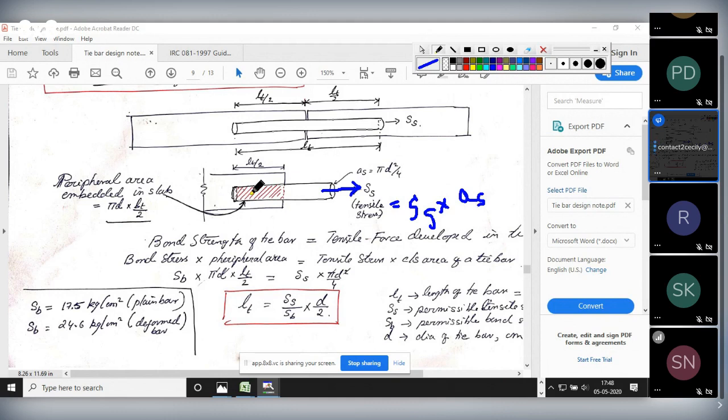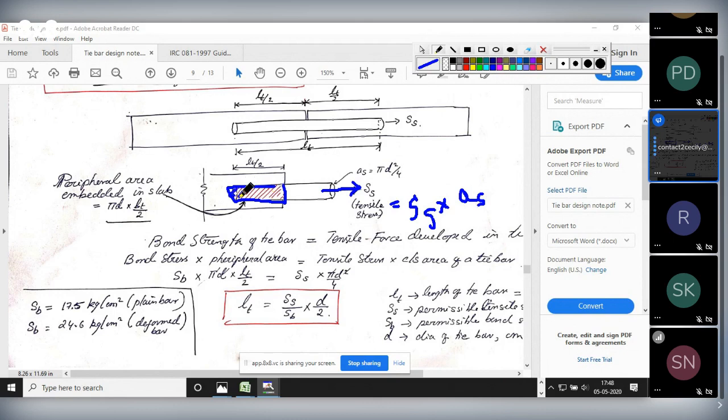It is acting around the outer surface area of the tie bar, which is embedded inside the slab. Only this portion of the area is embedded inside the slab for this condition.